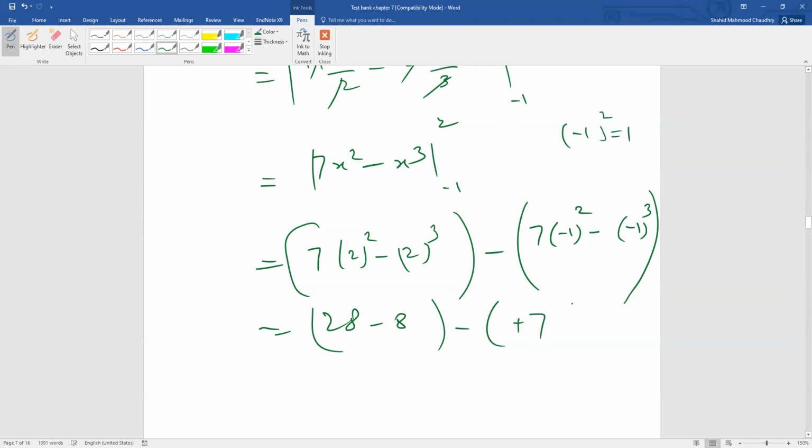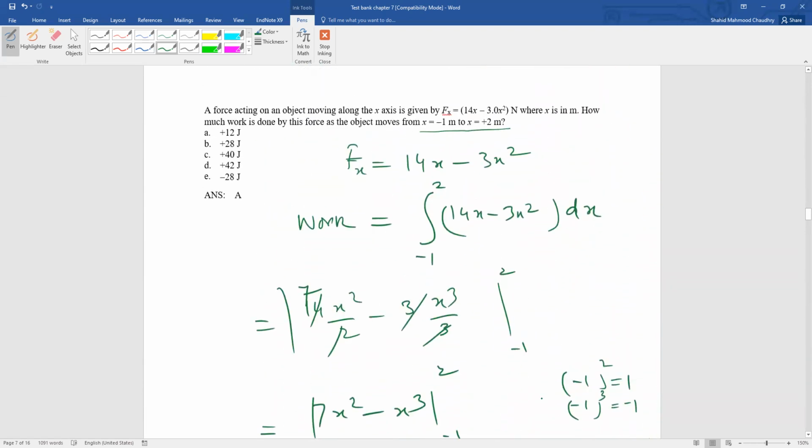So this is plus 7, and this is minus 1 cube. Minus 1 cube is minus 1. So minus 1 minus, plus, so this will be plus 1. So this is equal to 20 minus 7 plus 1, 8, and this is equal to 12 joules. So in this way, you can solve this problem.